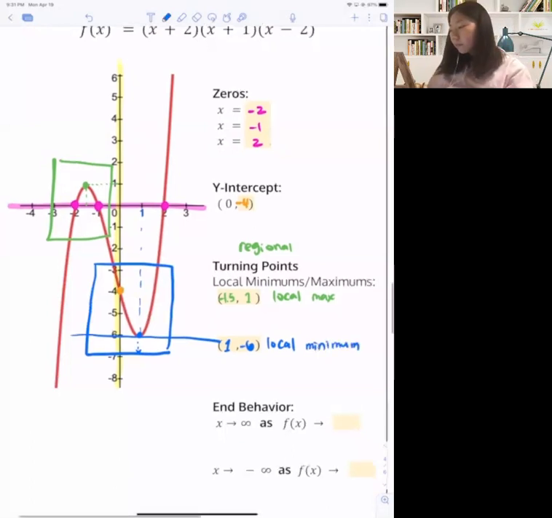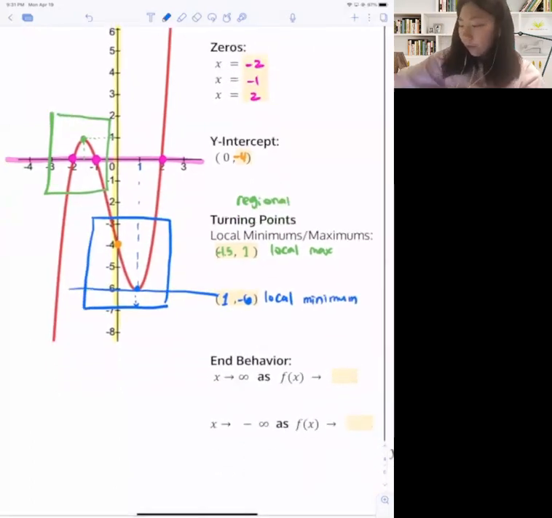And end behavior, on the other hand, is the other new thing that we're learning today. End behavior defines the graph when x is getting really, really big or really, really small. So let's write it out.